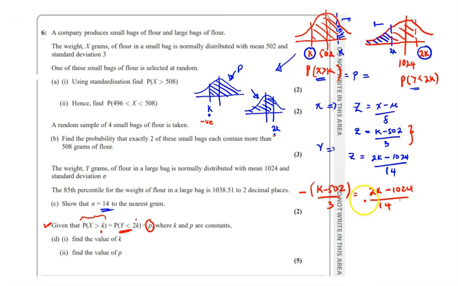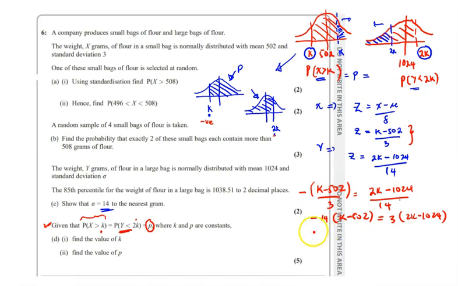Now you're just going to solve the equation. This is algebra. You can pause the video and try to do it. So this is negative, 14 into k minus 502 equals 3 into 2k minus 1024.